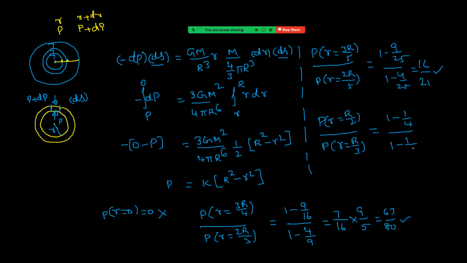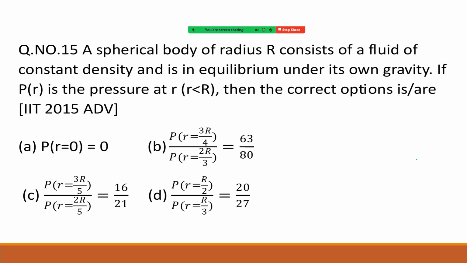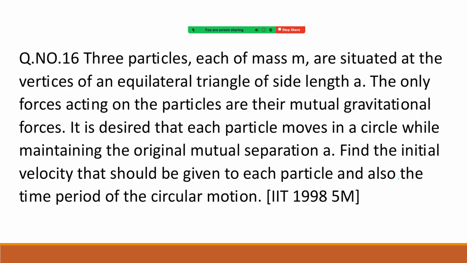This is 1 minus 1 by 9. So 3 by 4 into 9 minus 1, 8. It is now 8 by 9. So 27 by 32. And that is not correct, right? The given option gives a different value. So it is not correct, right? Okay. See the next one.